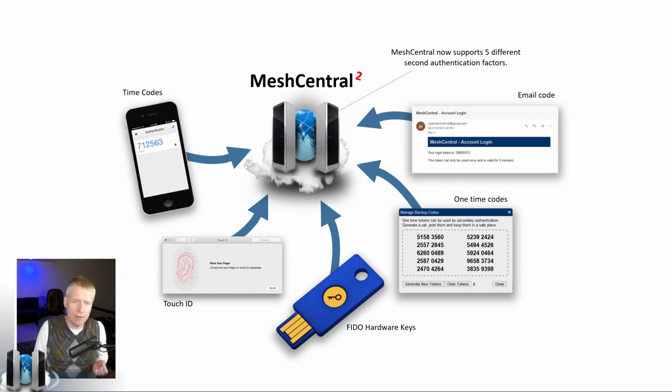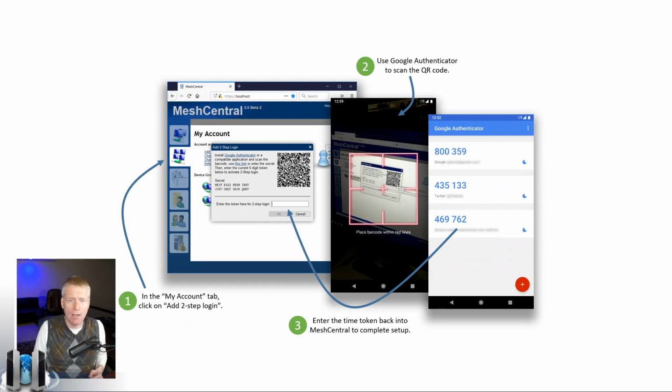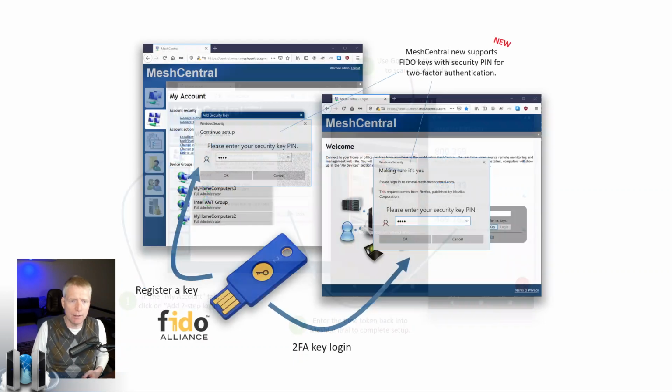In fact, there's a way to configure your MeshCentral server to mandate that your users use two-factor authentication, and that's probably a good idea. And so if you're going to use time codes, there's a barcode that the user will scan. You enter your 6-digit ID, you say OK, and it sets up your account that way.